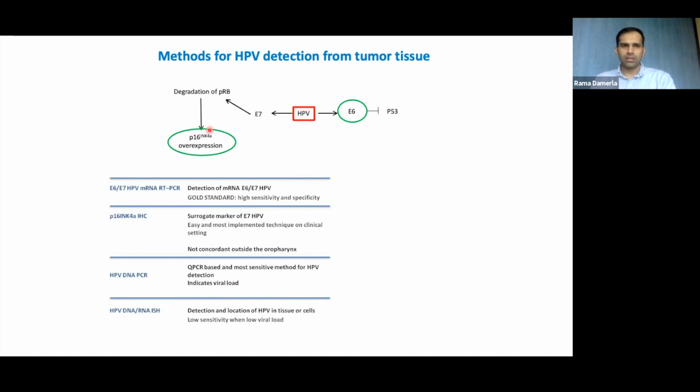That also causes overexpression of p16. So actually p16 overexpression is a surrogate marker for detection of HPV associated cancers.